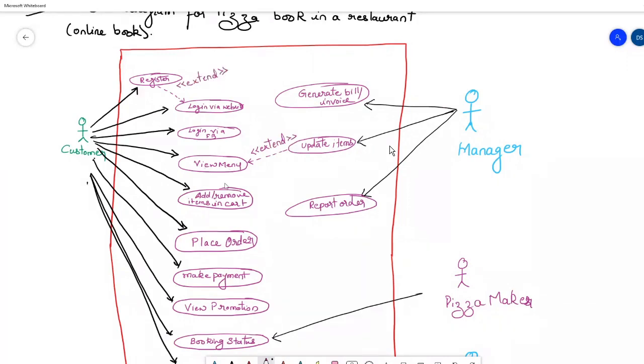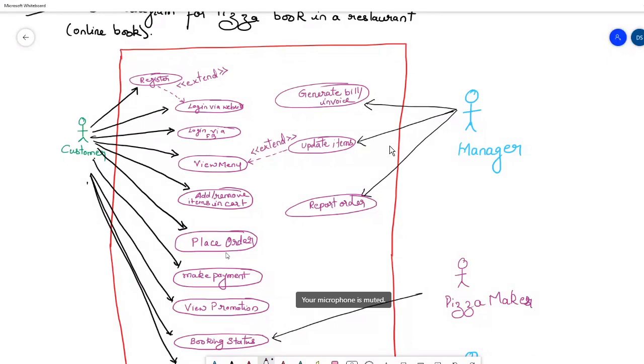If we are viewing the menu, it extends the updation of the items, because if the items are updated, we will get what all things are currently available at the restaurant and we can book them. So this was the basic example of placing an online order, or booking a food item through the online mode.